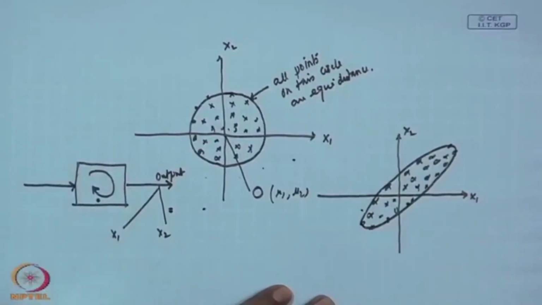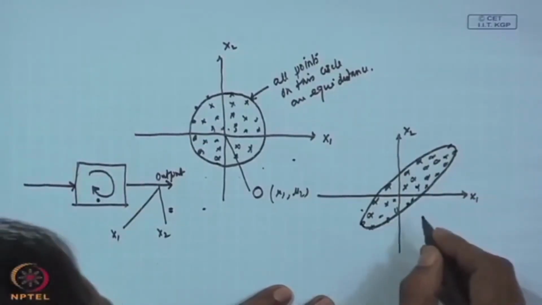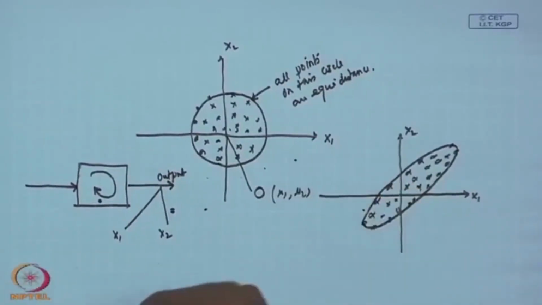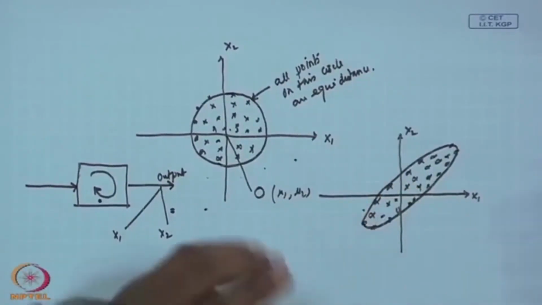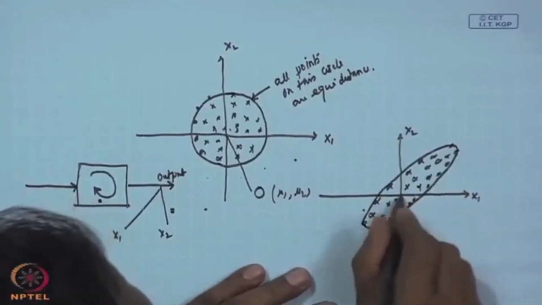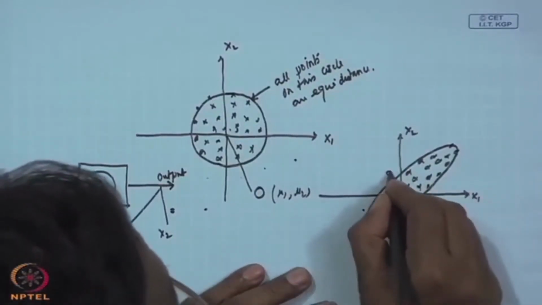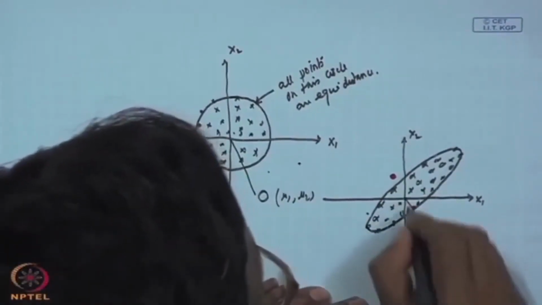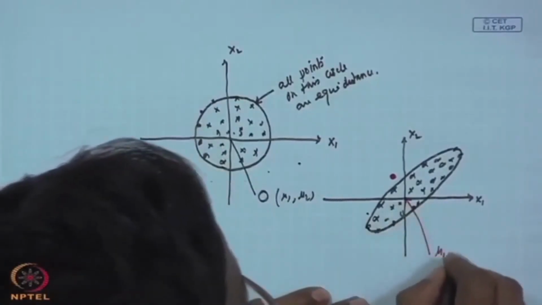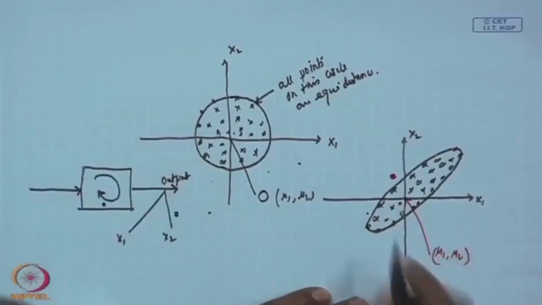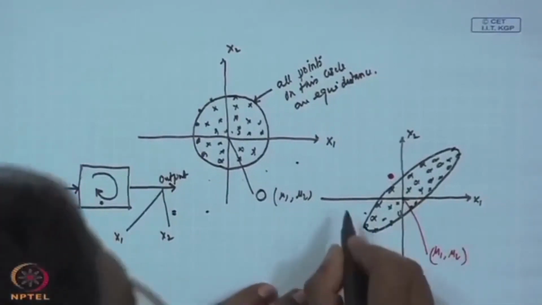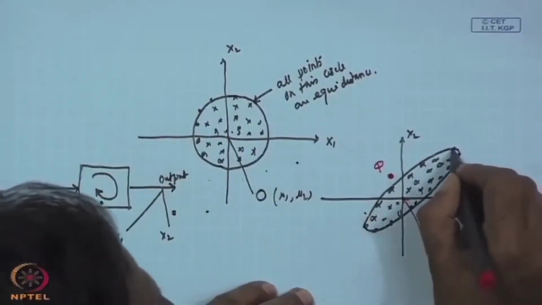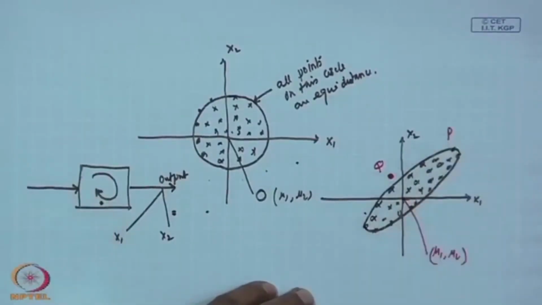Then I am keeping another observation on x 1 and x 2, which is here, closer to this mean point. As we have assumed earlier, this is our mu 1 and mu 2. This is one point, let this point be Q, and let another point somewhere here be P.